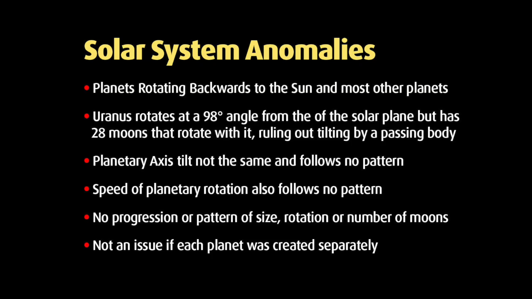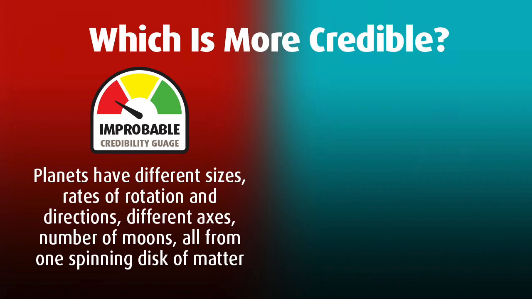And there's no progression of size or pattern of size or rotation or number of moons. It's not an issue if each planet was created separately. Which is more credible? Planets have different sizes, different rates of rotation and directions, different axes, and different numbers of moons, all from one spinning disk of matter.